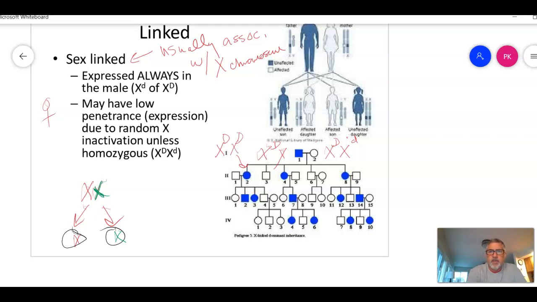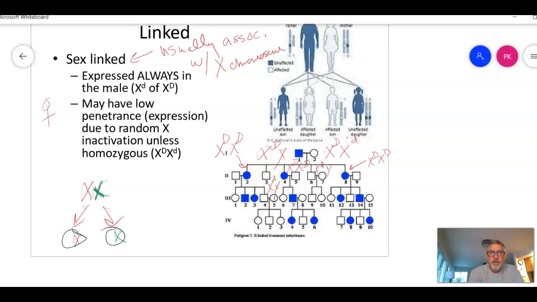This one right here is XD and Y. This one right here is XD, XD. And this one right here, XD and Y. And this one right here is XD. So unfortunately, the mother was a carrier.